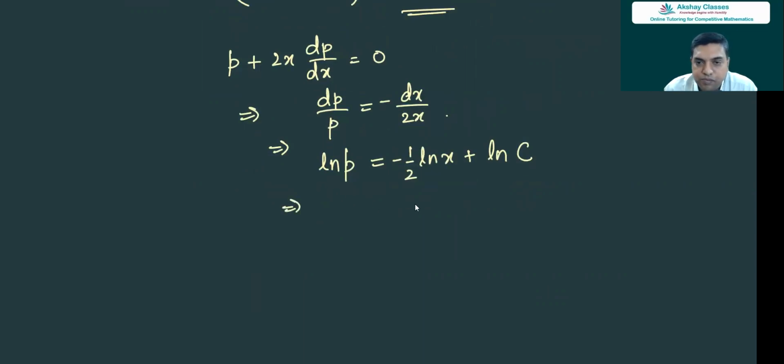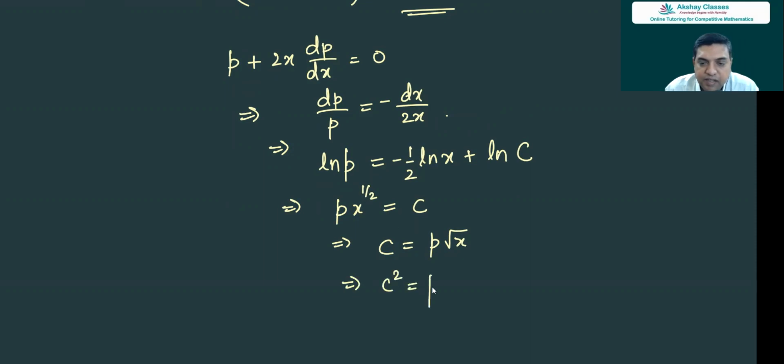So bring this to this side. So log p plus half log x, so you get p times x to the power half. p root x is equal to c. So c is p root x, which implies c square is equal to p square times x.